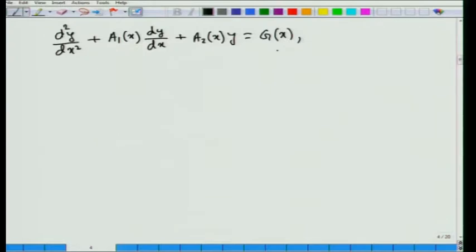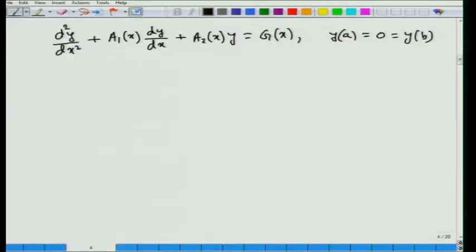Purposefully I am writing here capital G of x, with the condition y of a equal to 0 equal to y of b. After that we discussed everything on Sturm-Liouville type boundary value problem. So, the question is, whatever theory that we have discussed on Sturm-Liouville boundary value problem, can it be applied to this type of differential equation or not? We can put the question the other way around: whether this equation can be converted into the Sturm-Liouville boundary value problem format, such that the operator will become a self adjoint operator.